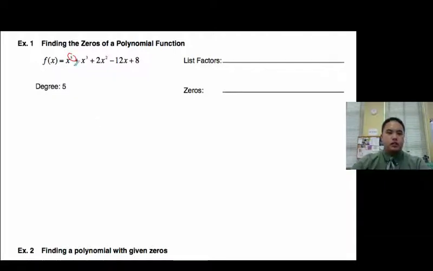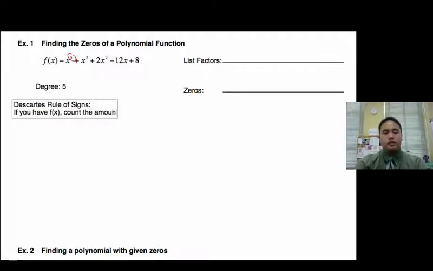The next thing I'm going to do is use Descartes' rule of signs to tell me how many possible positive and negative answers there are. Maybe you could write this in your notes. Descartes' rule of signs says if you have f of x, count the number of sign changes.